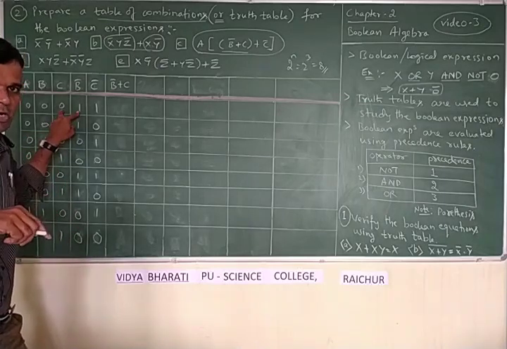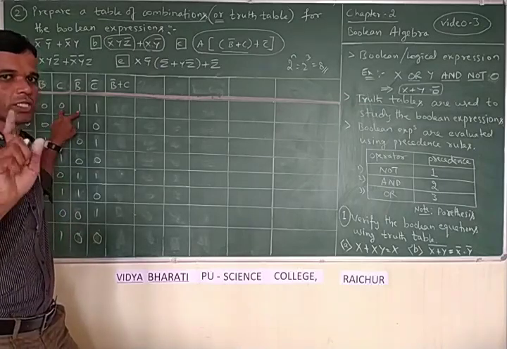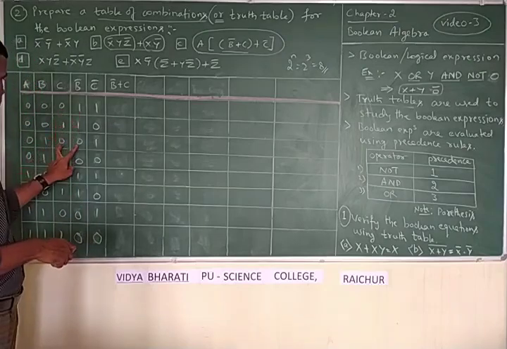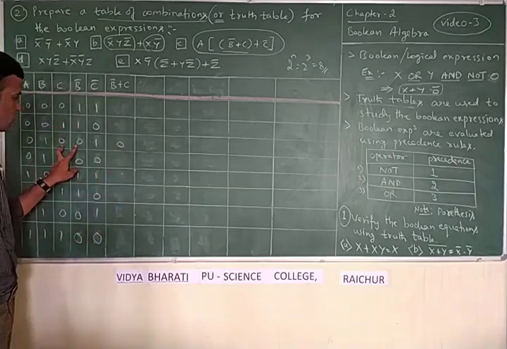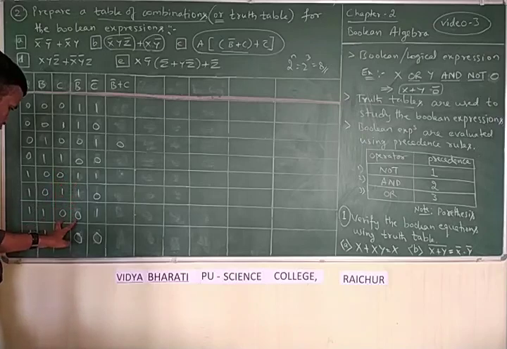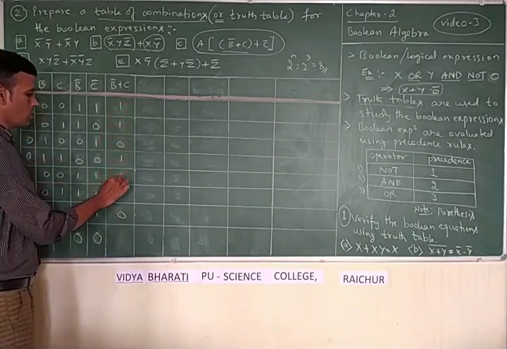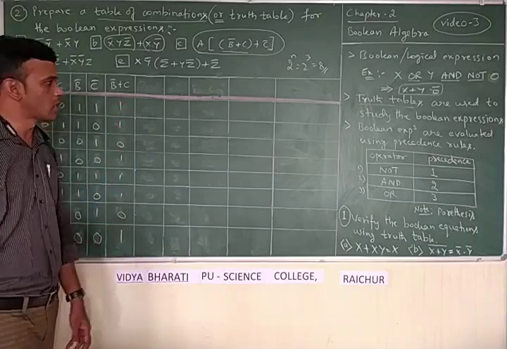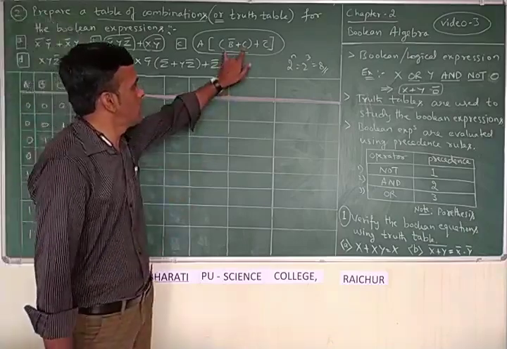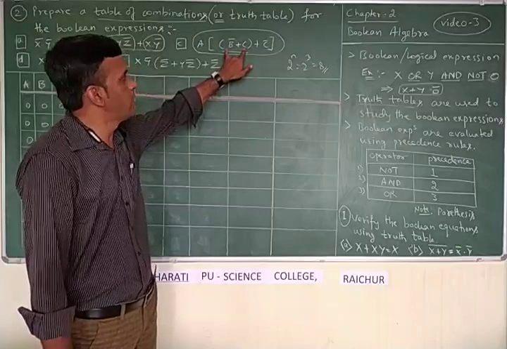The logical OR operator gives 0 only if both are 0. So wherever both are 0, you write 0, and in the remaining cases you put ones. Okay, so this inner parenthesis we have evaluated.